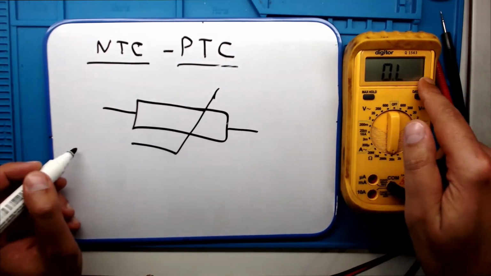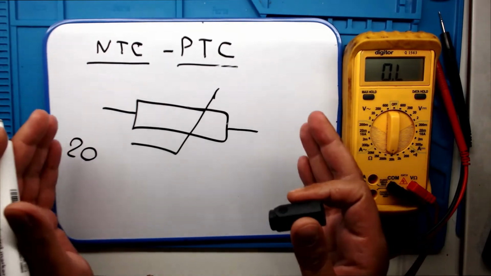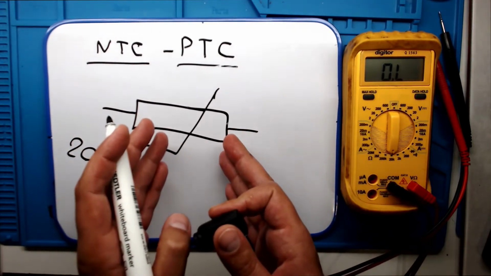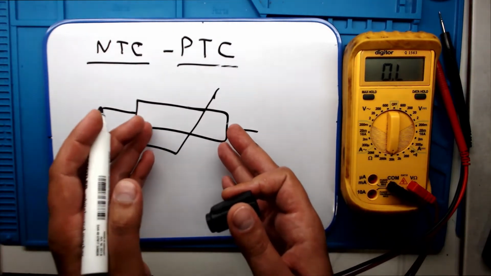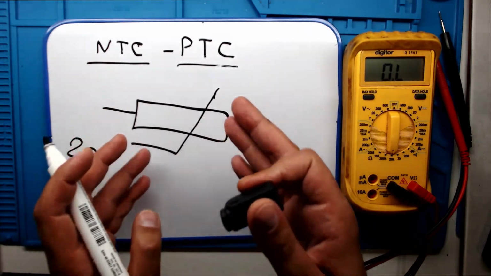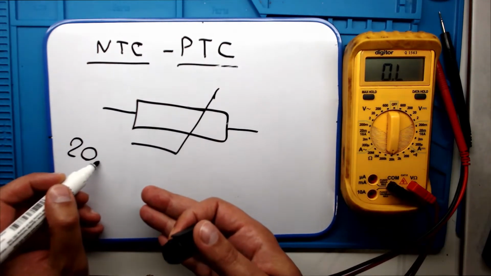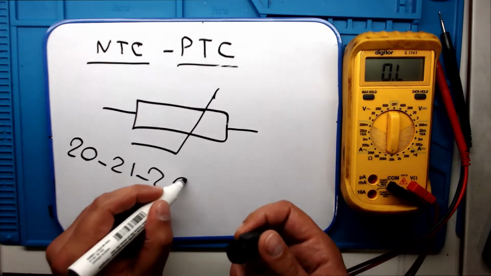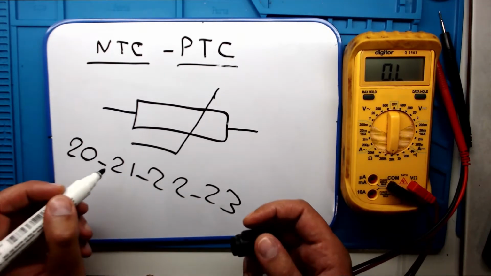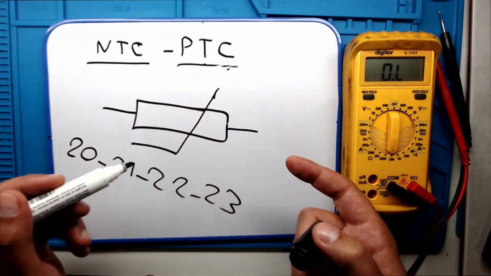For example, the screen is showing 20 ohms, and now you need to heat the component. When it's heating, the resistor starts to change the ohm. If the ohm is going up, for example after 20 going to 21, 22, 23, you know this resistor type is PTC, positive temperature coefficient.